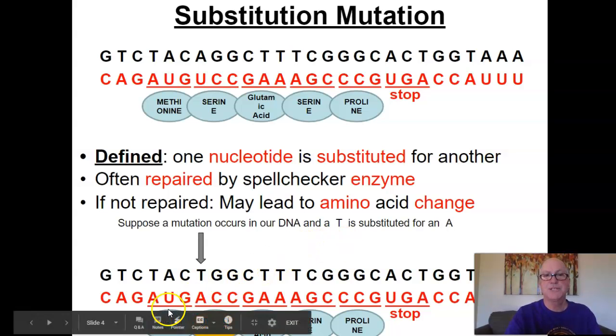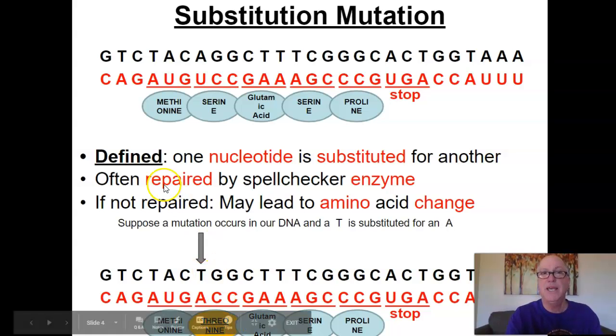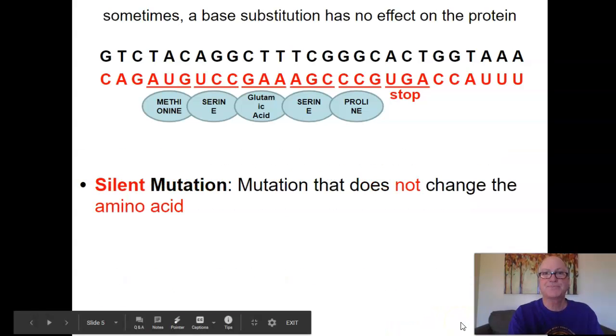The protein you just built would have had all of the amino acids correct except for threonine replaced the serine. So what we find is a substitution mutation where one nucleotide, A in this case, was substituted for a T, ended up producing one amino acid different in this protein.